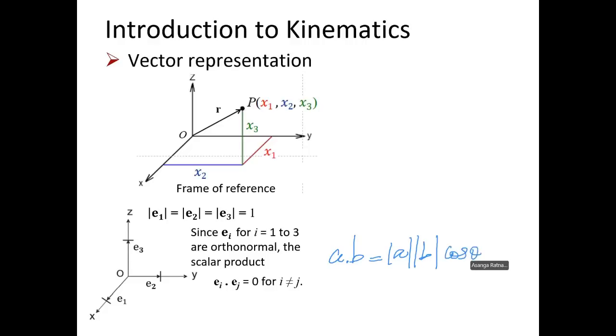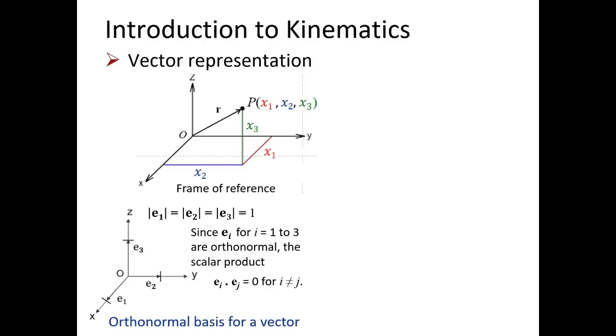Since they are perpendicular to each other, this theta is 90 degrees. Therefore, cos 90 is 0. Therefore, the dot product, or the scalar product, of the two vectors will be 0. That is something I hope you are quite familiar with.